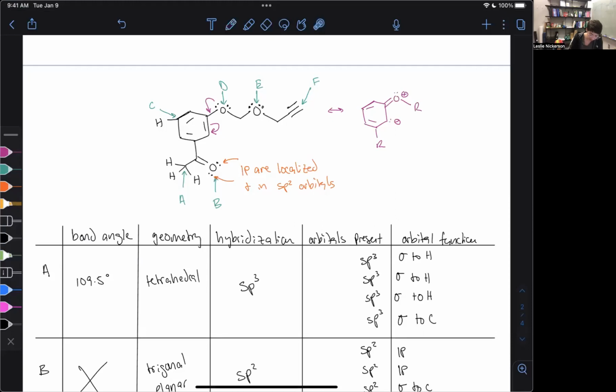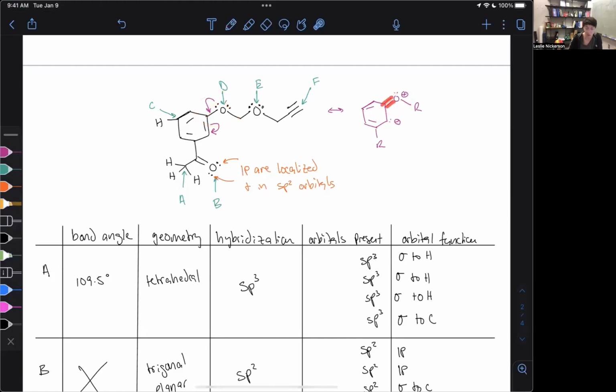So if I'm comparing what this oxygen looks like over here versus what it looks like over here, right? If I was assigning hybridization in this state, I would say 1, 2, 3, 4 things around it, sp3. But if I'm over here, I'm looking more 1, 2, 3, and now it looks sp2, right?